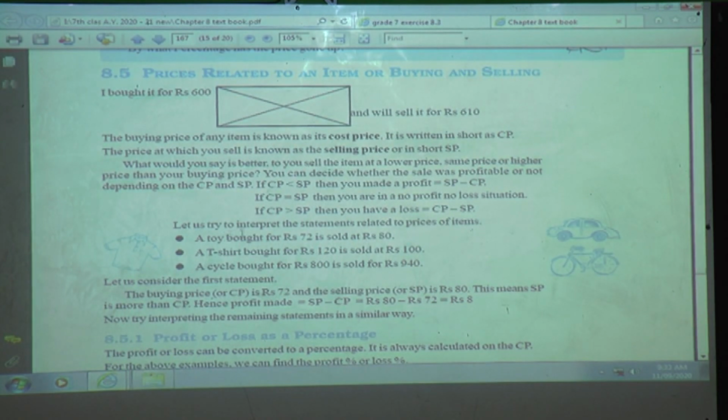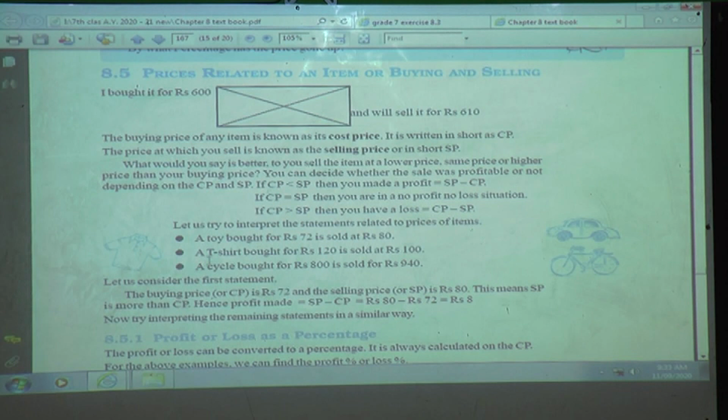Let us try to interpret statements related to the price of items. Here we have some examples of things we purchase in a market, and the prices are given. For example, a toy bought for rupees 72 is sold at rupees 80. Bought means cost price and sold means selling price.